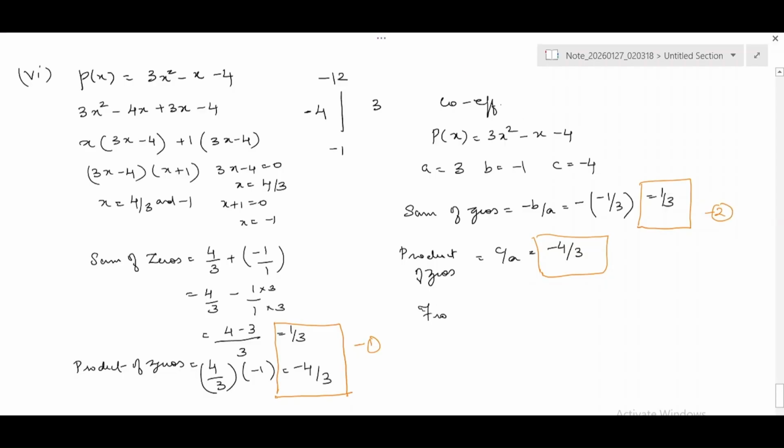From 1 and 2, we verify zeros and coefficients. Hence proved. Thank you.